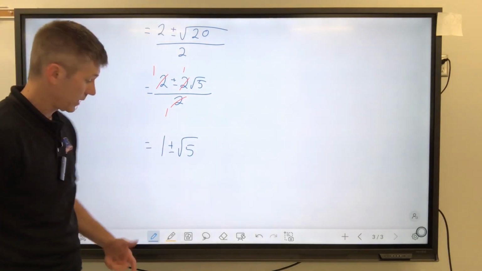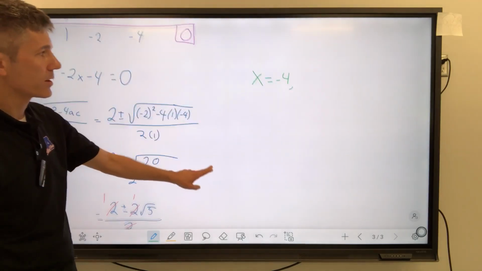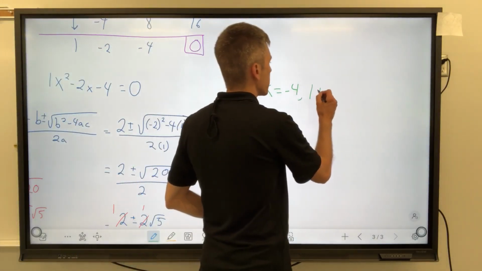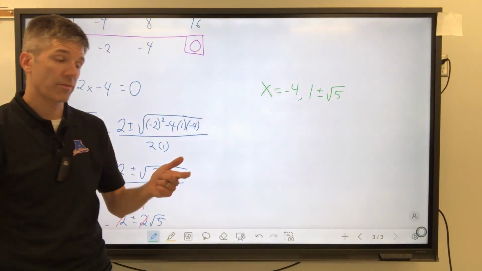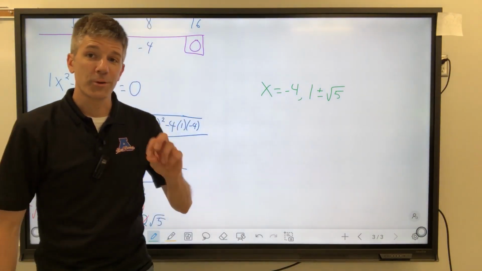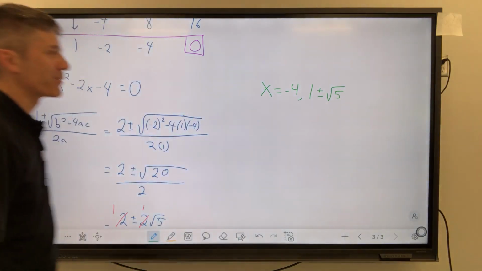That is one of our final answers. Final answers are going to be in green in this case. We started that tradition with this problem. 1 plus or minus the square root of 5. If you typed 1 plus the square root of 5, you would get whatever it was on the graph.